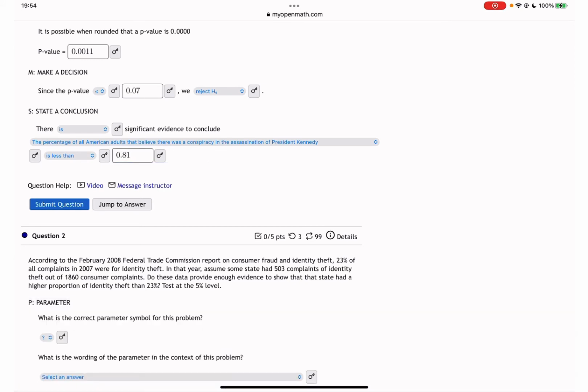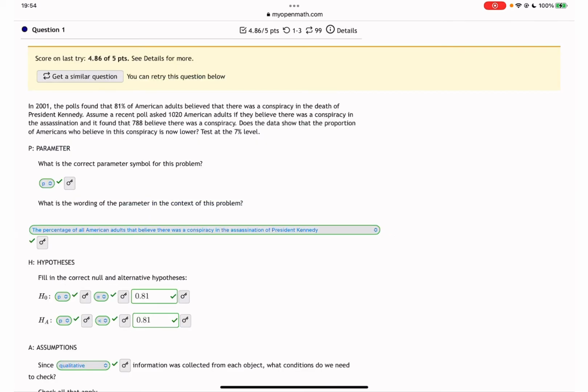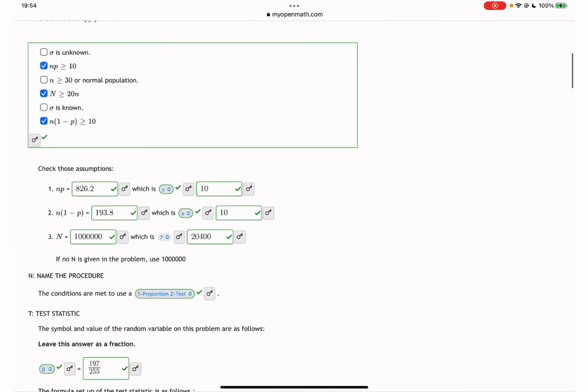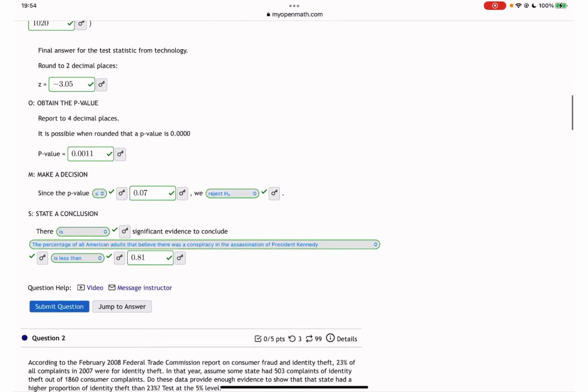So we solved it and we understand that it was less than, and indeed that is true. So we accept it. We get the answer? Yes.